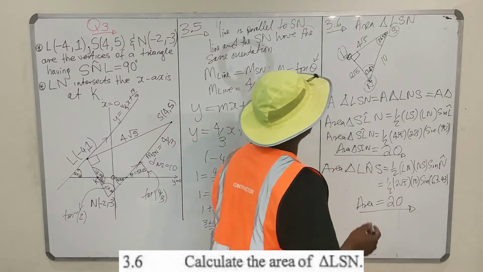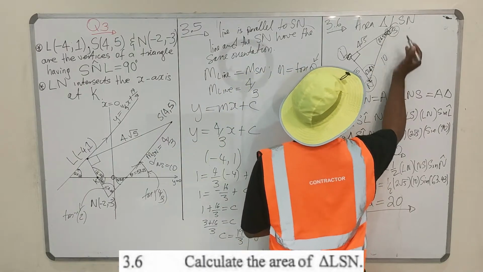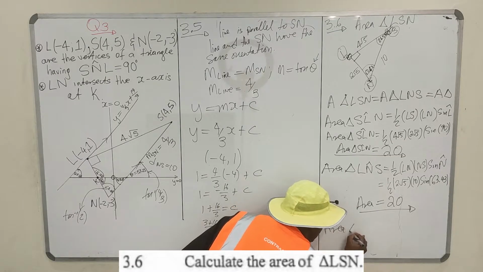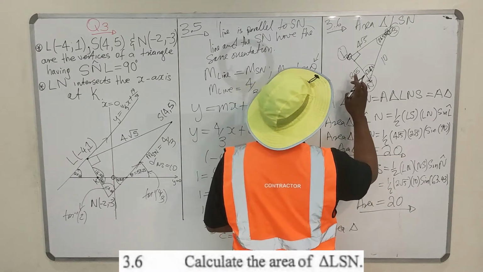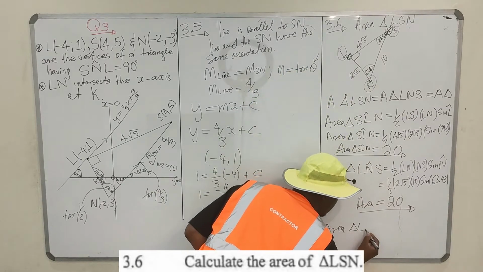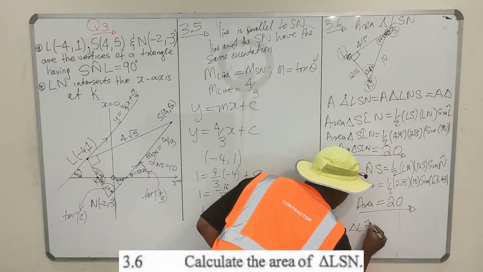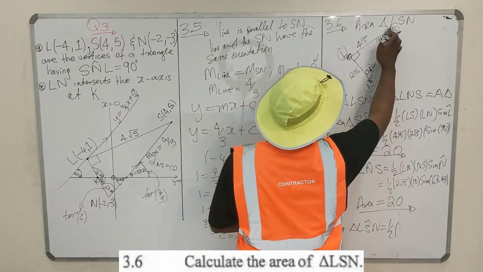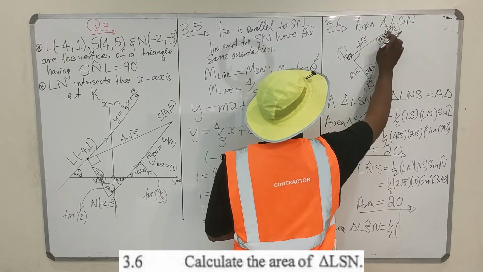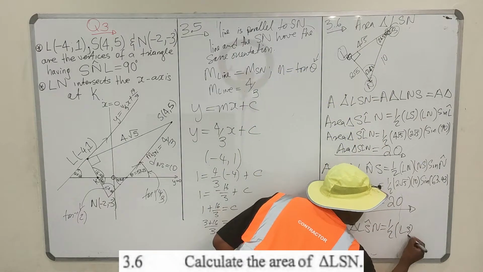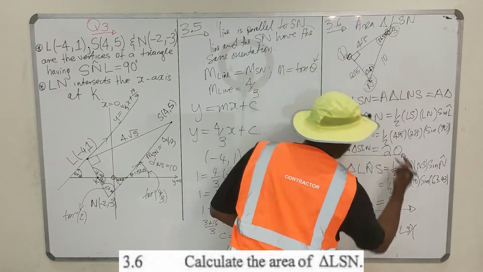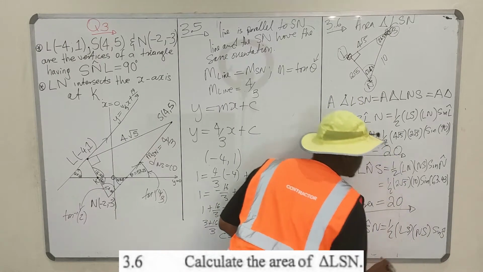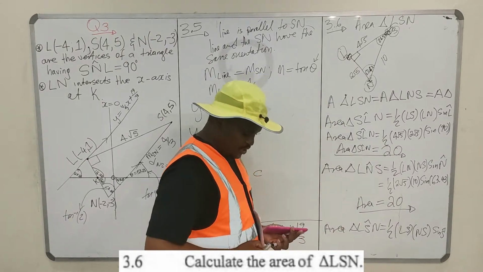You can do the same thing sitting here, right? If you're sitting here, your area of triangle LSN will equal half of these sides that include that angle, this side and this side, which is LS times NS sine angle S. Now, if you punch that, it should come out the same.